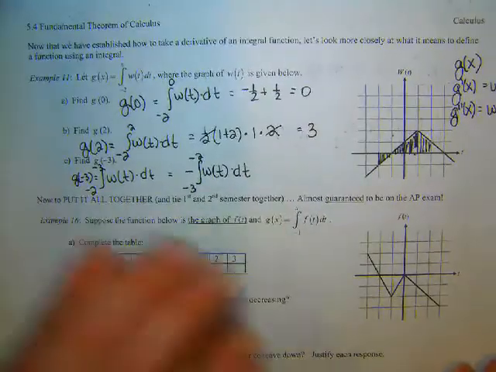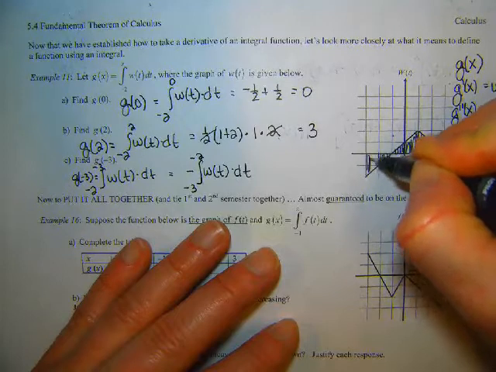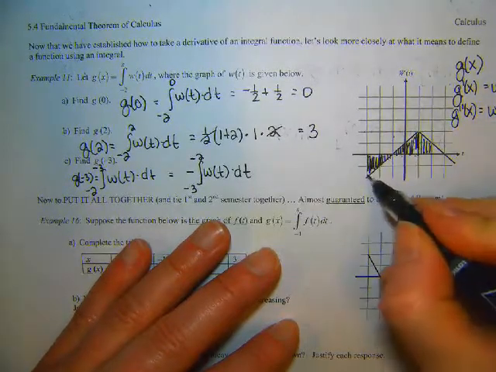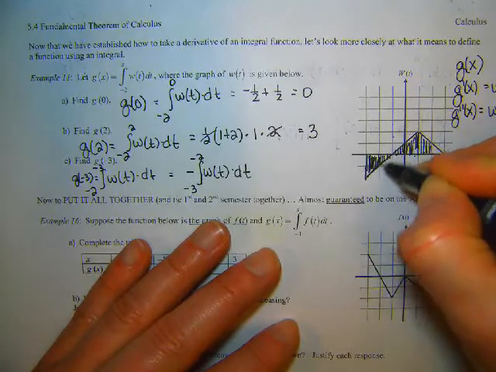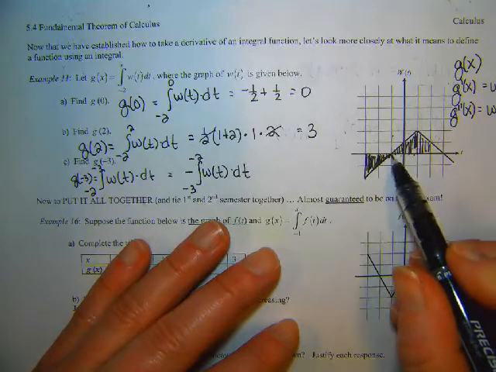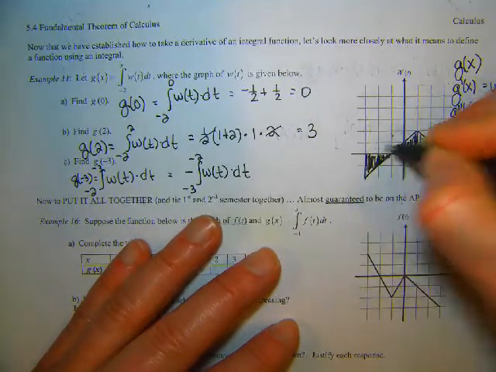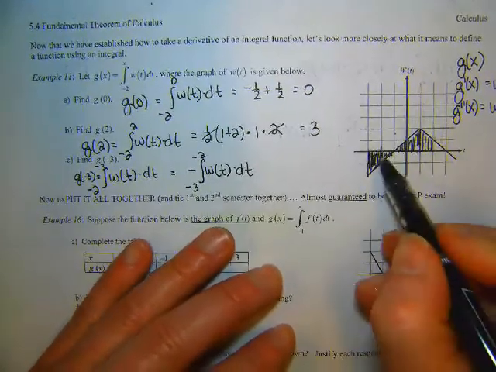Okay, let's go look here. So -3 to 2 is a triangle, isn't it? Oh, wait. Sorry. No, it's -3 to -2, isn't it? It's a trapezoid again. It's right here.